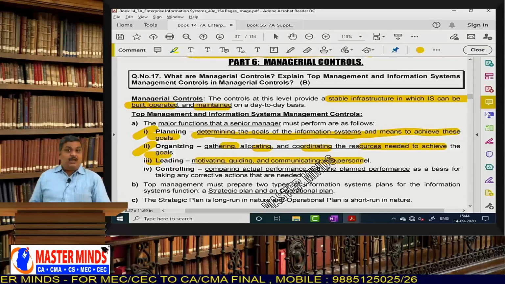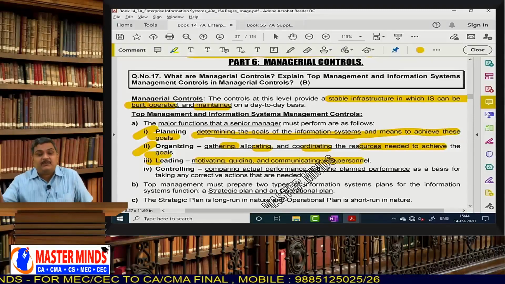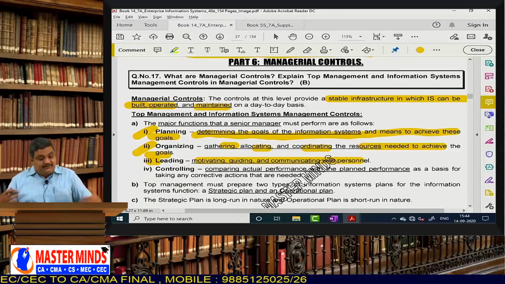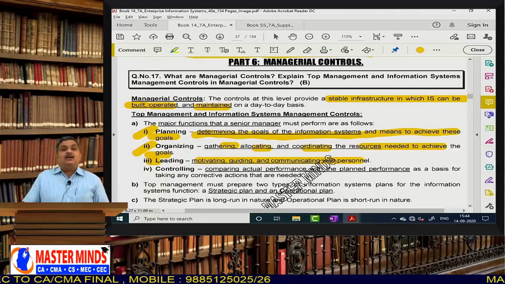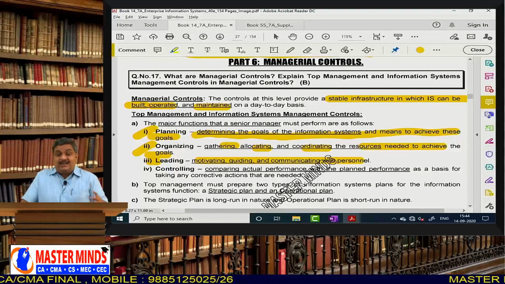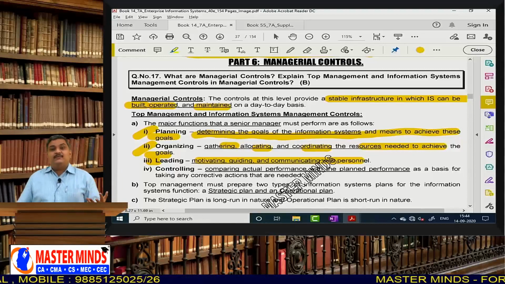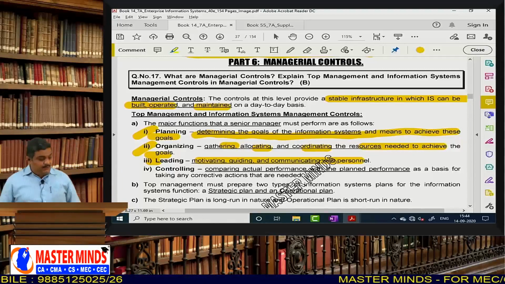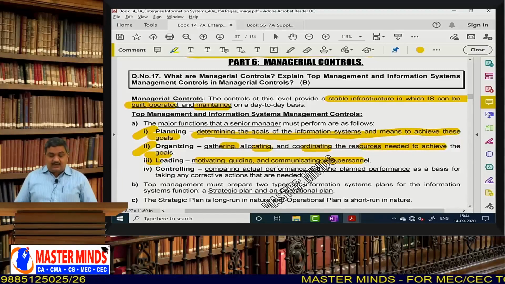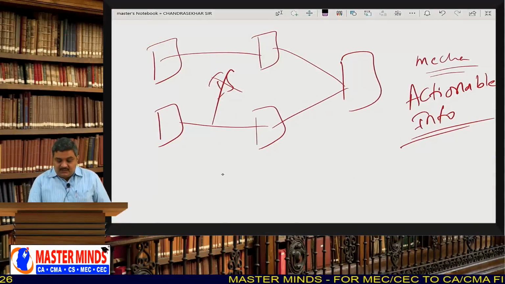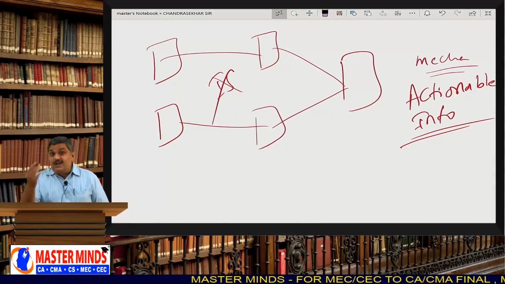Next, leading, motivating, guiding and communicating with the personnel. See, if you want to have a separate information system, you have to write programs. And I told you, setting up an information system in a large organization like railways. Railway is undertaking a very big project, an ERP system.